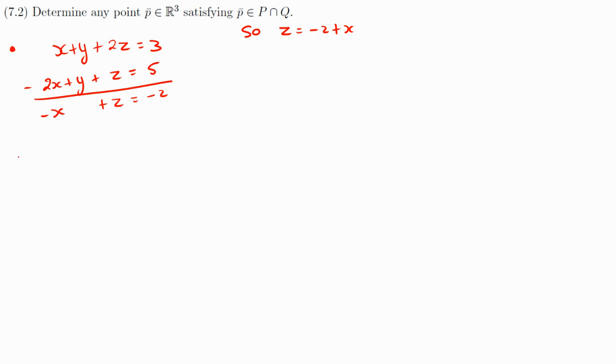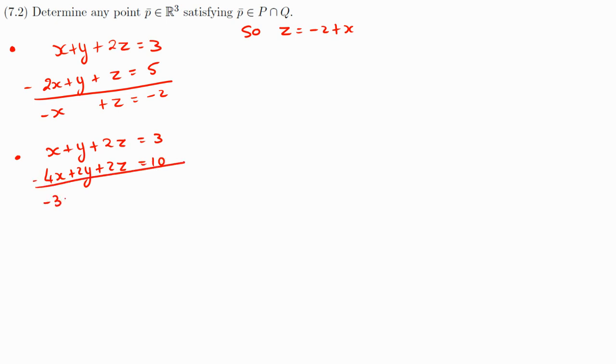Now let's try to get something with y alone. I would multiply by 2 to cancel the z's out. So this becomes 4x plus 2y plus 2z is equal to 10. And we subtract.